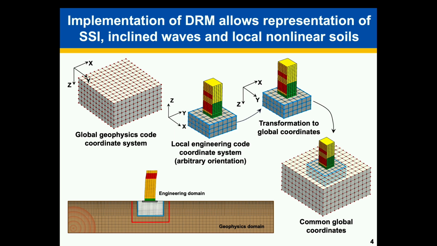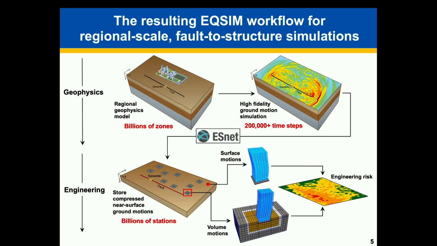And as you'll see, we're computing geophysics models that are 200 or 300 billion grid points. So we had to do this very efficiently and develop workflows so that that connection could be carried out efficiently.